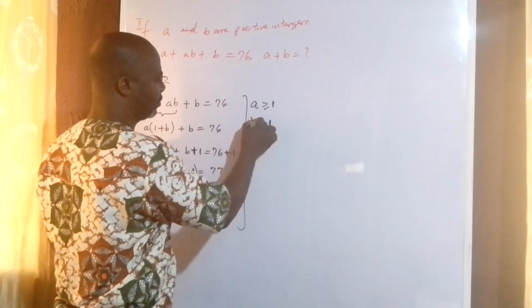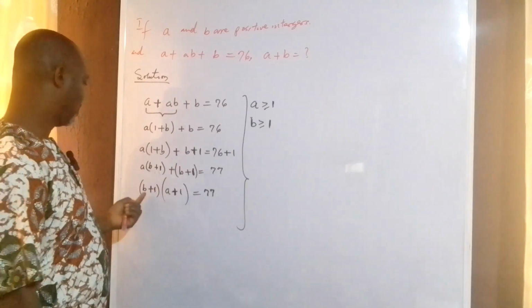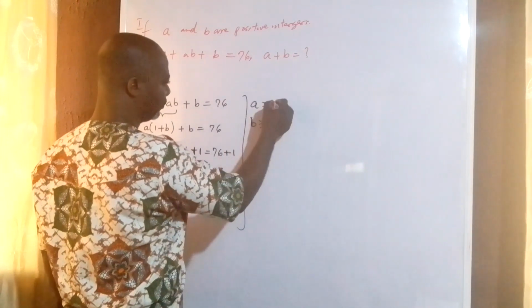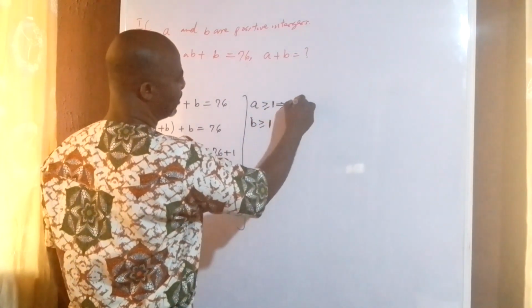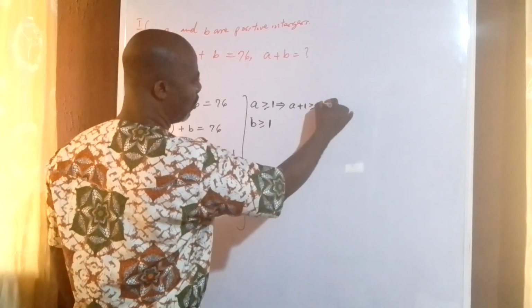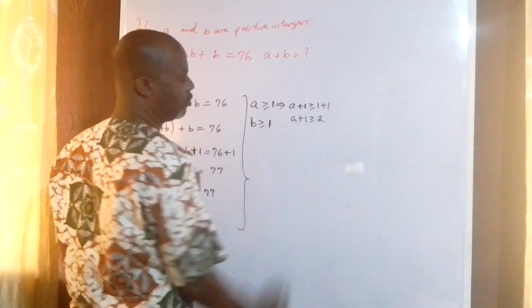This is very important. Since we have a plus 1 and b plus 1, a plus 1 will also be greater than or equal to 1 plus 1, that means a plus 1 is greater than or equal to 2.